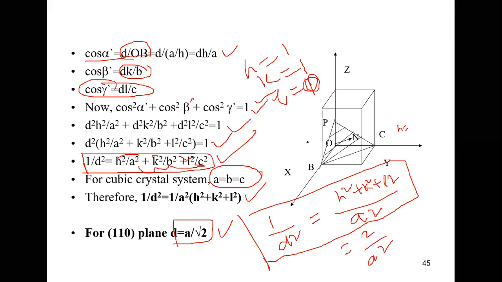So from our today's discussion, from X-ray diffraction pattern, we can find out d, and if we know d, then if it is cubic, we can calculate lattice constant A. If it is any other crystal, if we choose a polycrystalline element with 3 different peaks, 3 sets of Miller indices, then by solving 3 different equations simultaneously, we can calculate A, B, and C. If you know A, B, and C, or A in case of cubic crystal system, then you can calculate atomic radius, packing factor, planar density of atoms, linear density of atoms, density, everything.